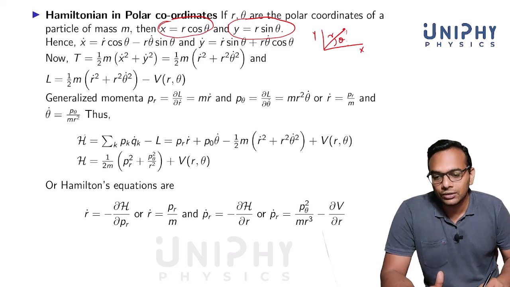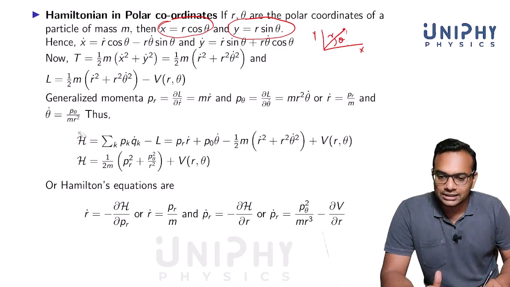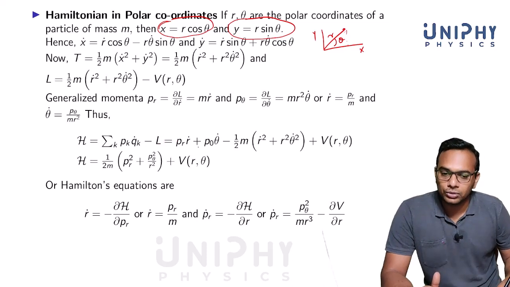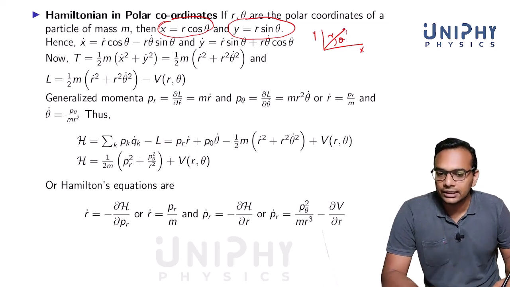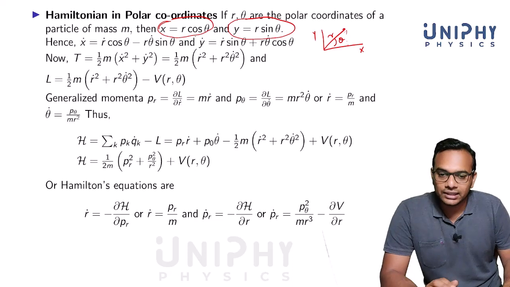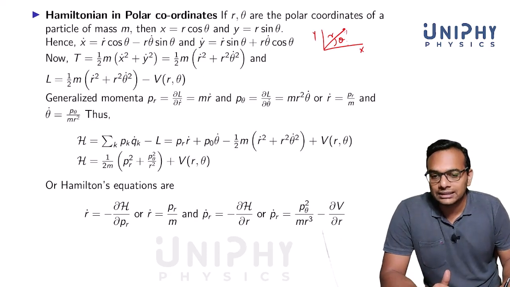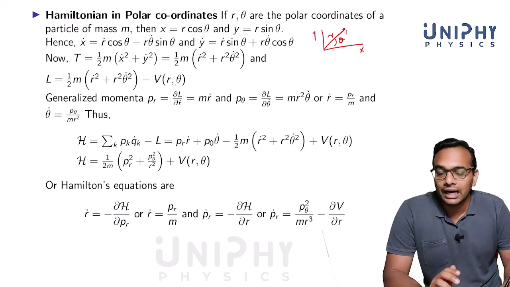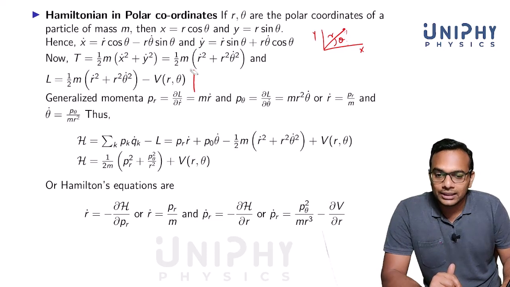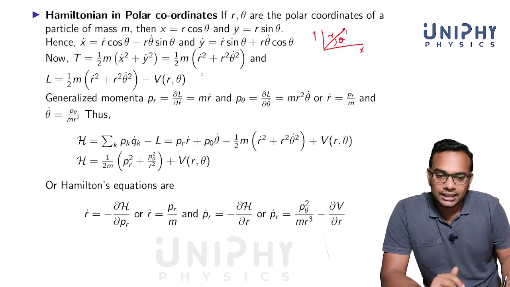I have written it in the usual form, H is equal to summation over k of p_k q_k dot minus L. You can substitute for r dot, etc., and then you will get the answer. But since we recognize that the transformation equations do not involve time explicitly, and the potential is a simple function of r and theta, we can write H equal to T plus V.